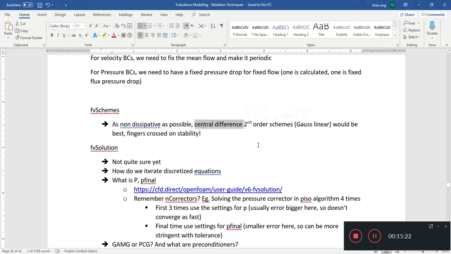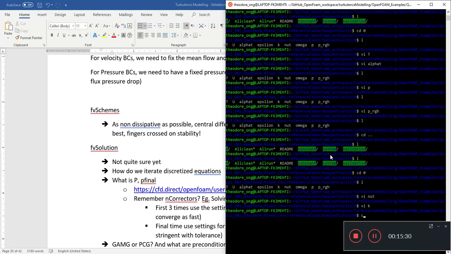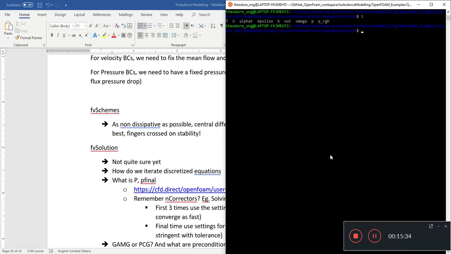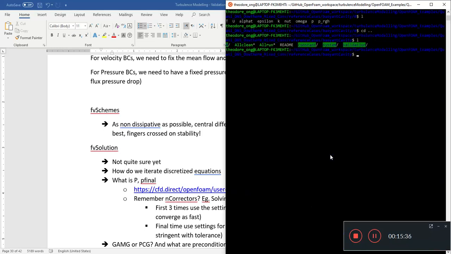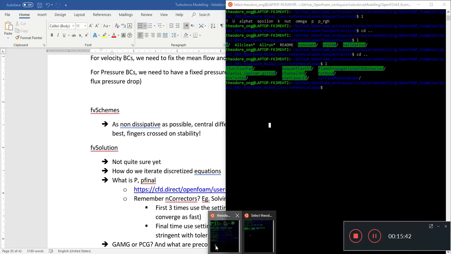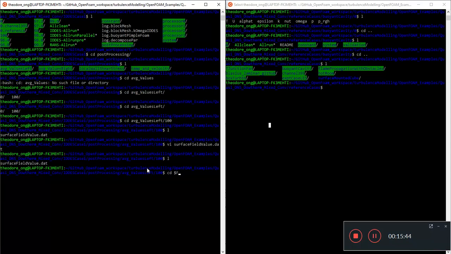This will be Gauss linear or Gauss cubic. We can take a look at some of the discretization schemes, and some of them you can find inside boxTurb. boxTurb is in the OpenFOAM tutorials.